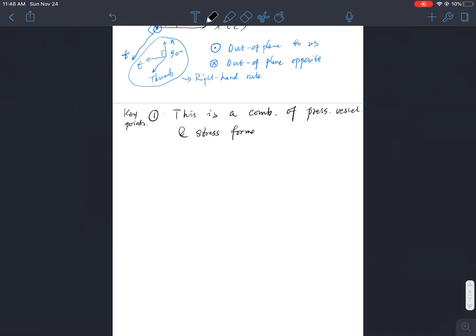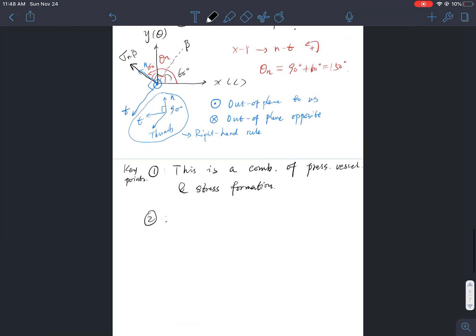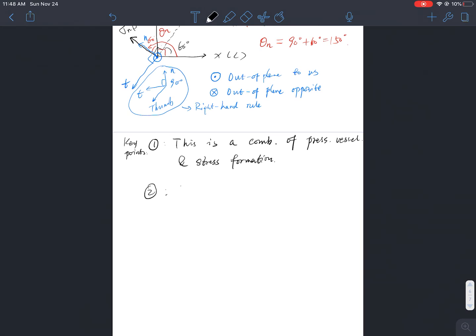Second, need to link P to sigma xy and then to sigma nt. That is basically the thought process of solving this type of problem.